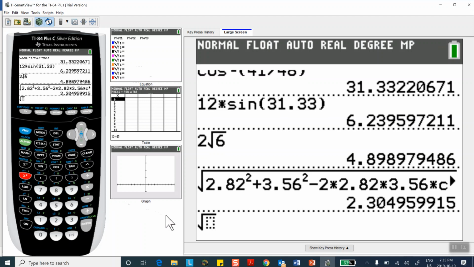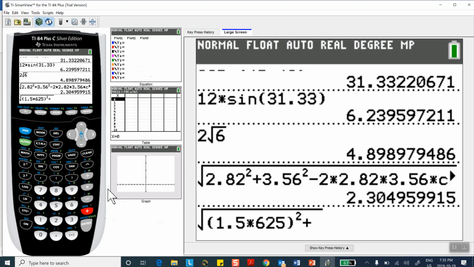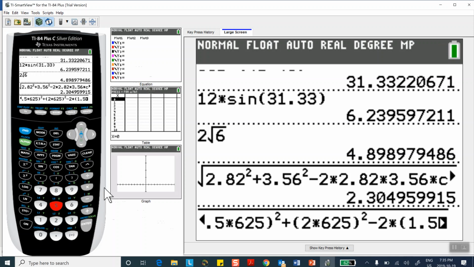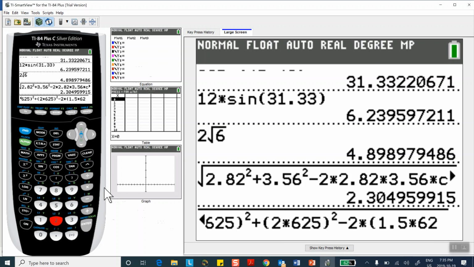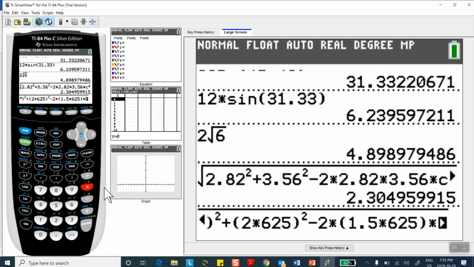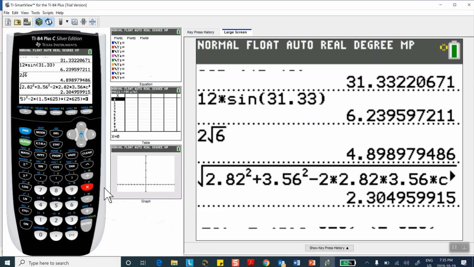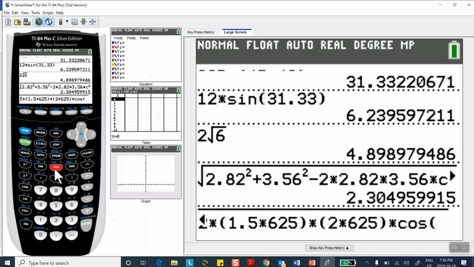So parentheses, 1.5 times 625, that's this thing squared, plus parentheses 2 times 625, quantity squared, minus 2 times 1.5 times 625 times 2 times 625 times cosine, the cosine is right here, cosine of 170 degrees, and enter.